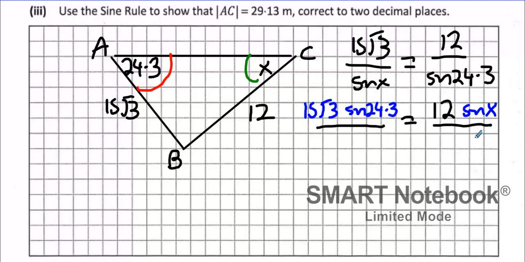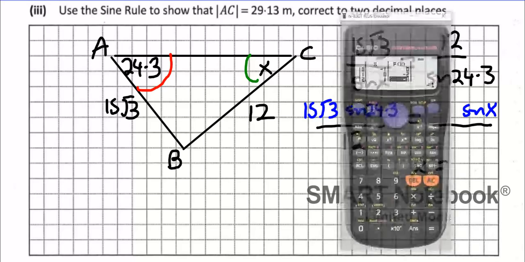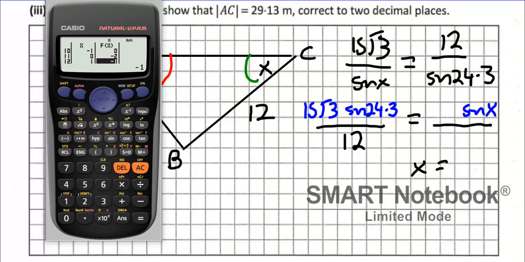Now, guys, the 12 can move underneath. And then we can just sine inverse the whole thing to find out what x is. So I'm going to sine inverse the full thing here. I think that's what you were talking about earlier.